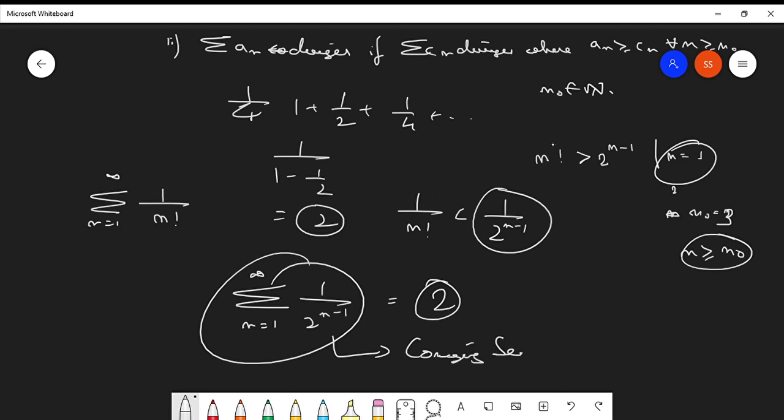This inequality is true for all n greater than or equal to 3, anything greater than 2 or greater than or equal to 3.